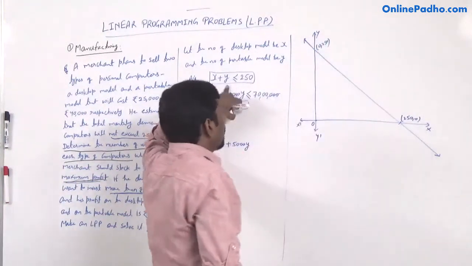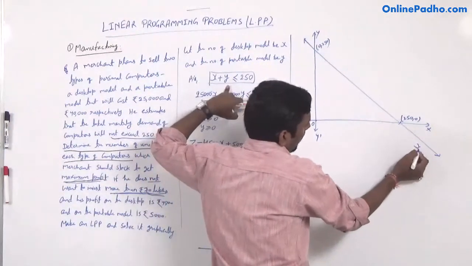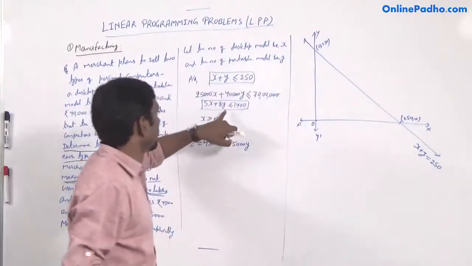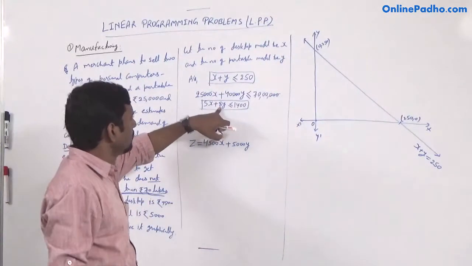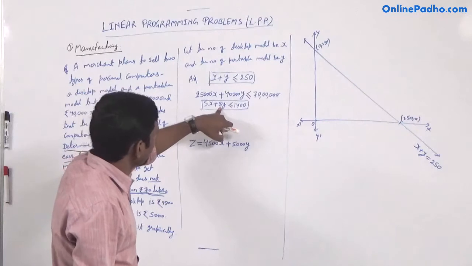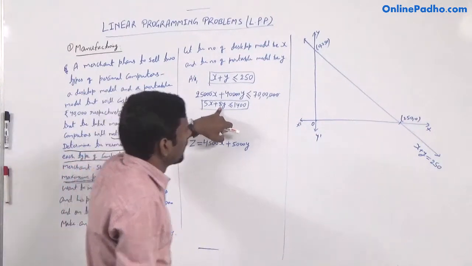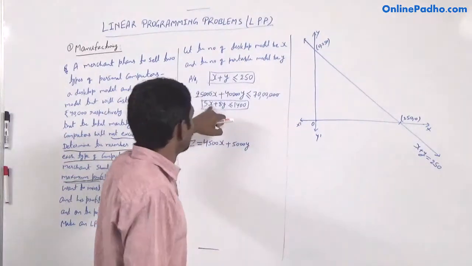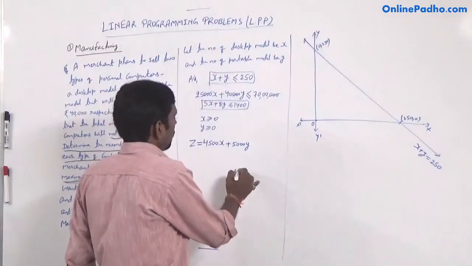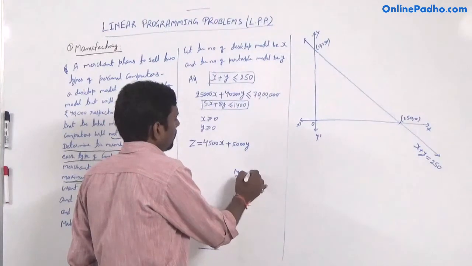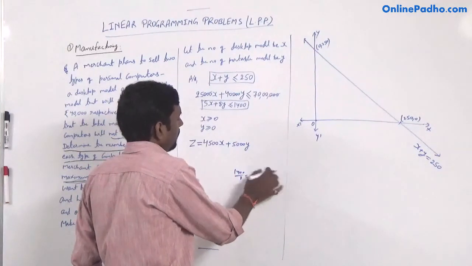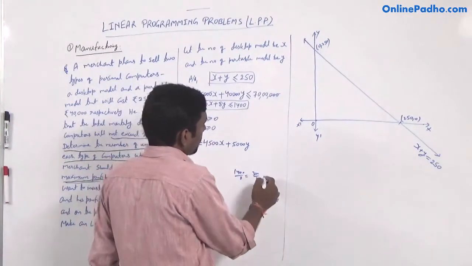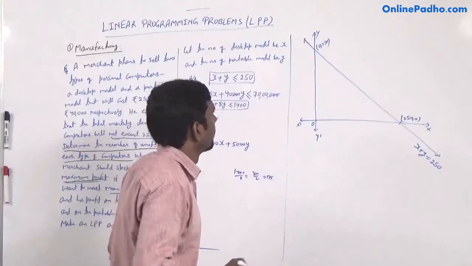Second, if you take Y equal to 0, X will be 280, and if you take X equal to 0, Y will be 1400 by 8, which is 175.